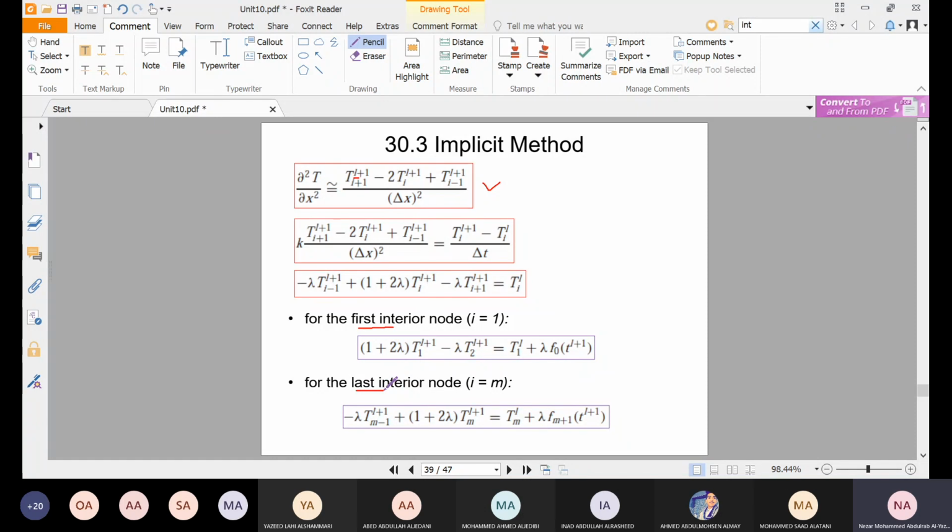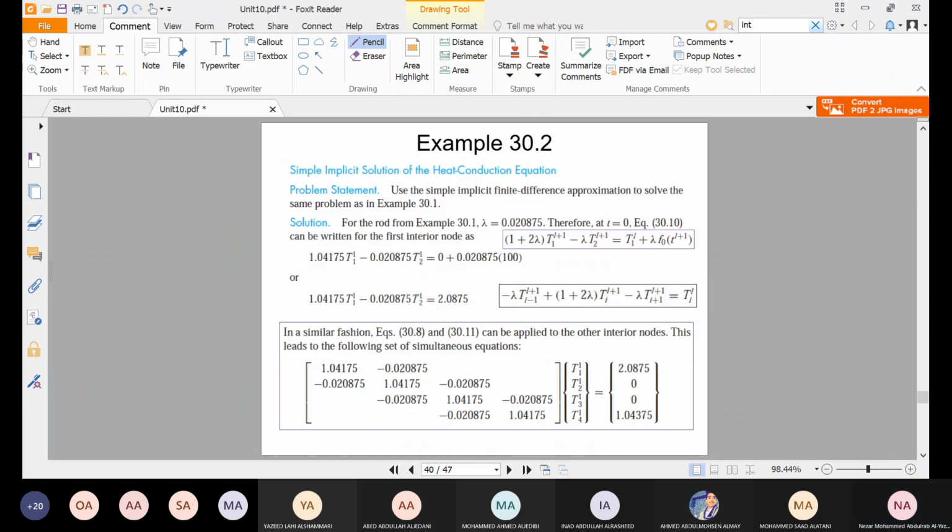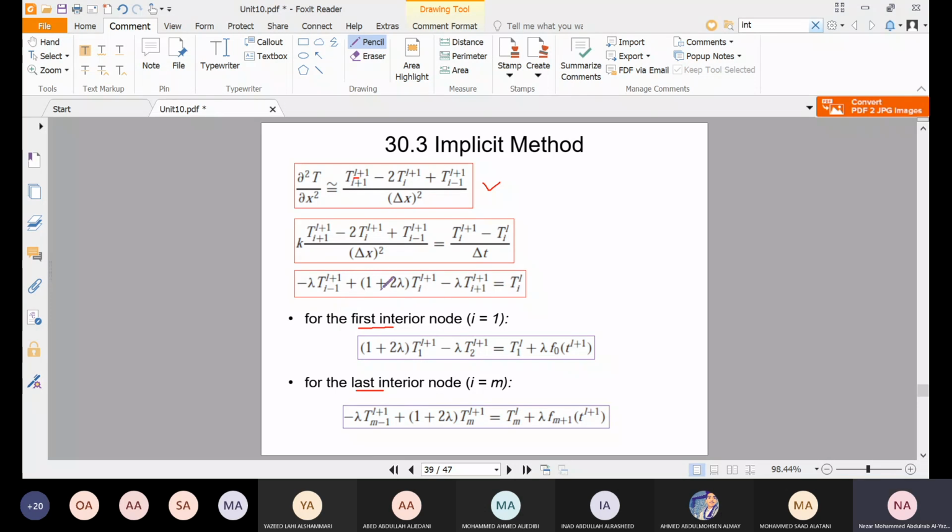The boundary values, we compute the values at the first node and the last node. And after that, we can update the inner nodes, the other nodes that we have between them. How many nodes depends on the step size that we have.